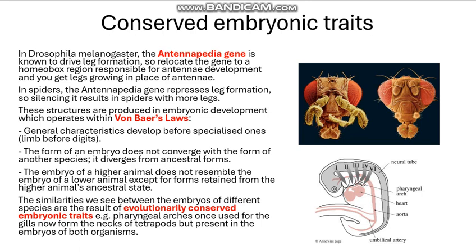But it should be noted that although both animals still have them, they're giving rise to different structures, but the pharyngeal arches are an ancestral state that modern vertebrates like humans have retained because it's an evolutionary conserved trait.